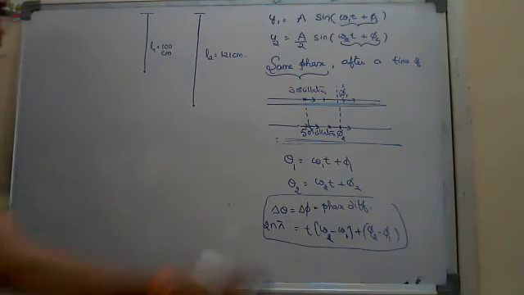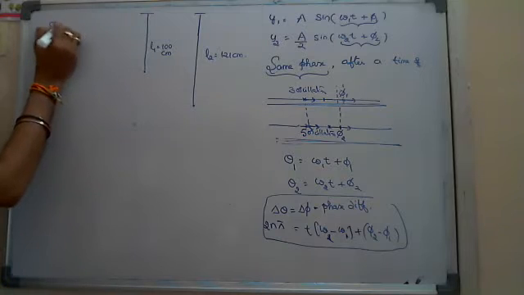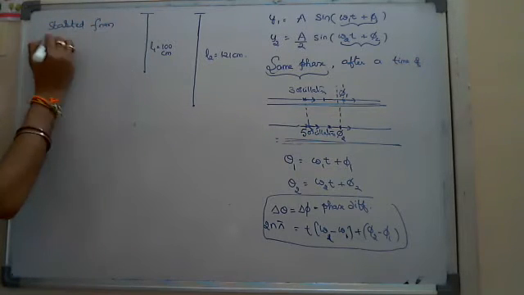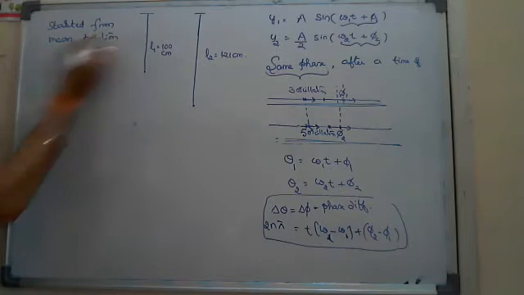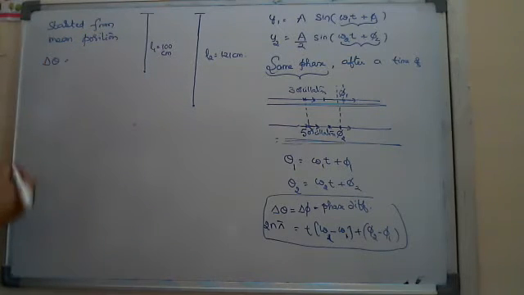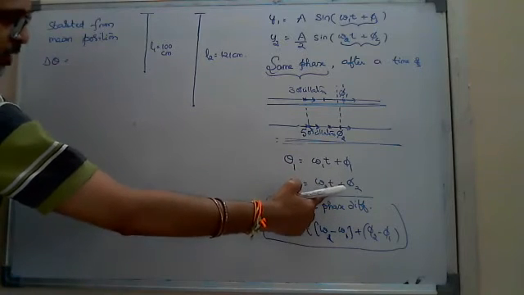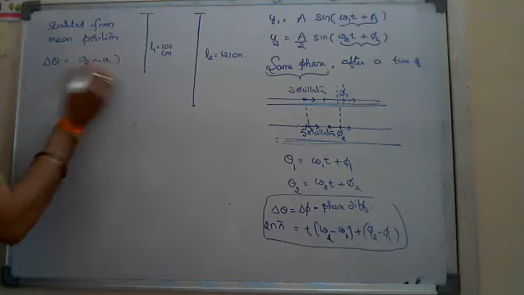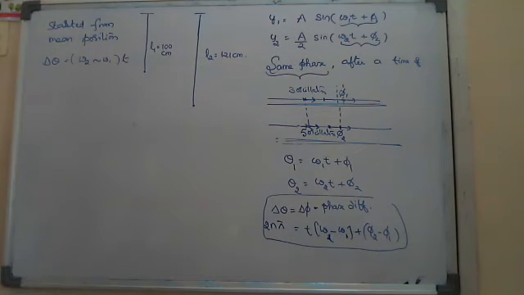Since both are started from mean position, I can write delta theta equals omega1 t minus omega2 t, or omega2 t minus omega1 t. That is the difference, bigger minus smaller, we try to write there.